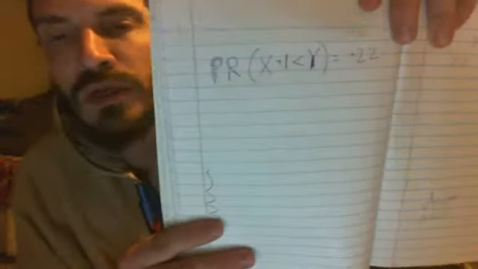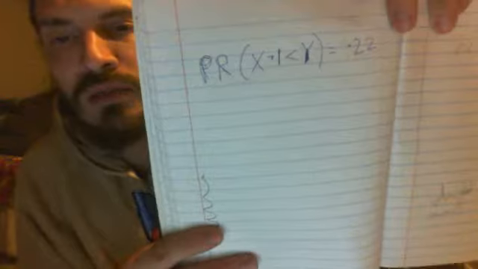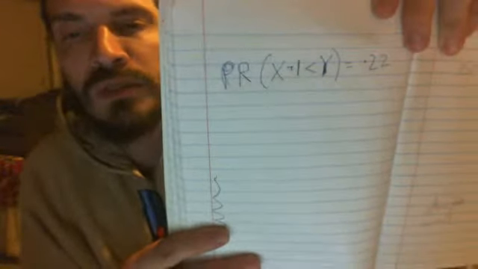We're given, I'll write it on a paper, probability x plus 1 equal to 0.22. I'll show it to you on the screen. The probability that x plus 1 is less than y is 0.22.